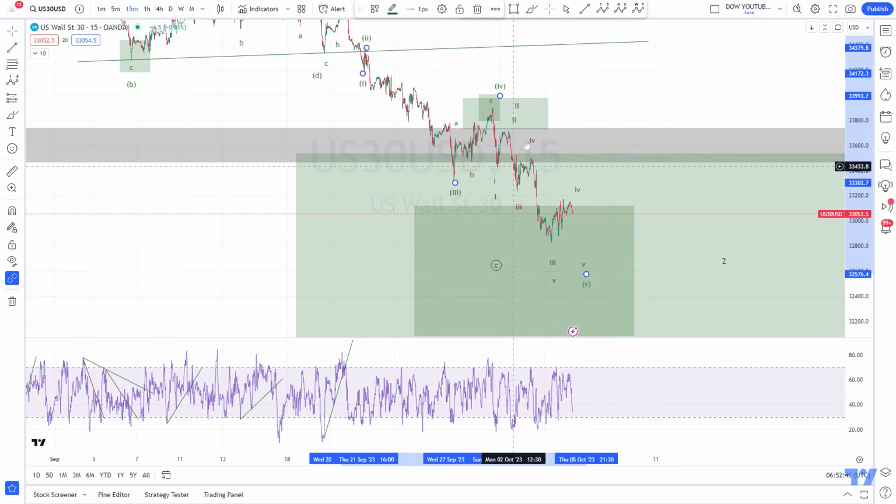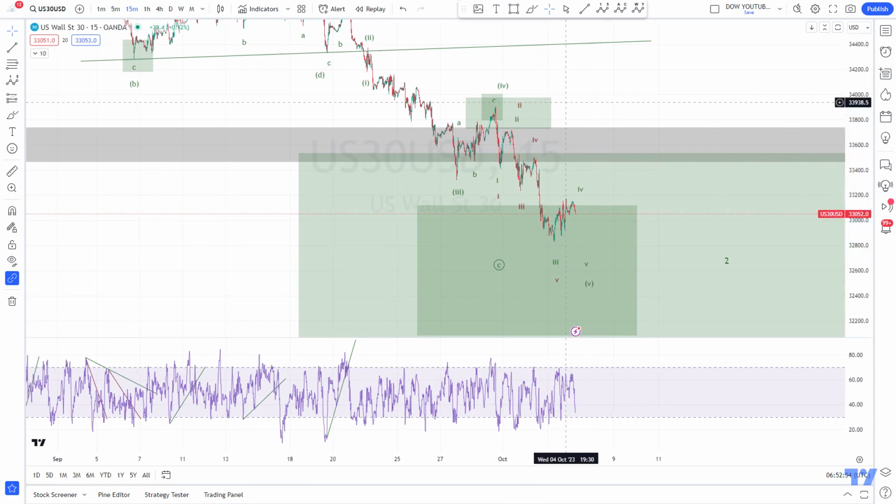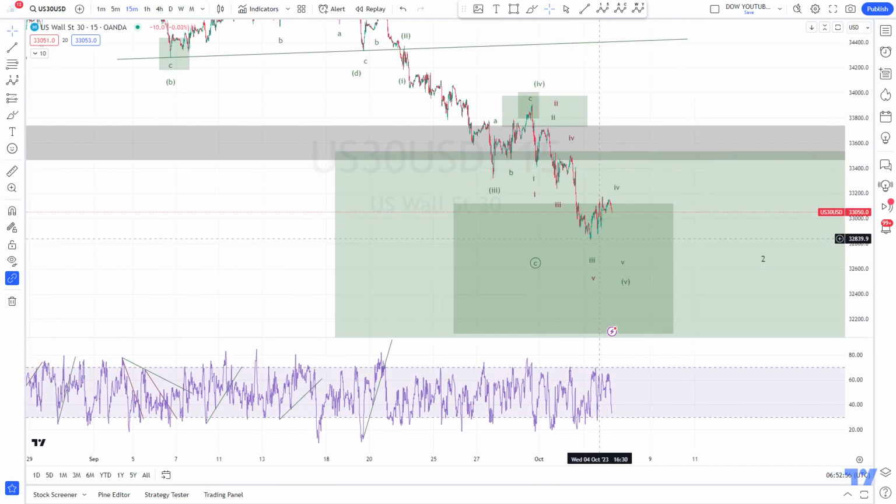I do not really have a preference for one of the two scenarios here. I would just like to see some reversal. Is it from here? Is it from after another low? That's also okay. That does not really change the reversal scenario, I would say.